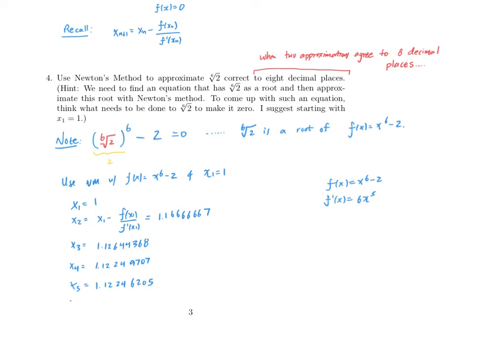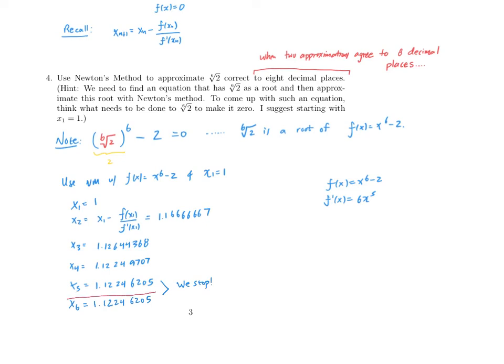And remember, depending upon our initial guess and the function itself, it can take more or fewer computations. It's reasonable that we might have to go up to even 10 or 12 approximations before we get that desired agreement. But in this case, we don't have to. X sub 6 is also 1.12246205 rounded off to 8 decimal places. So since we agree to 8 decimal places of accuracy, this is where we stop.